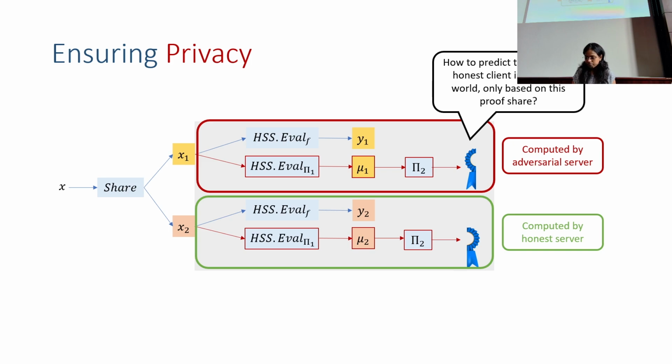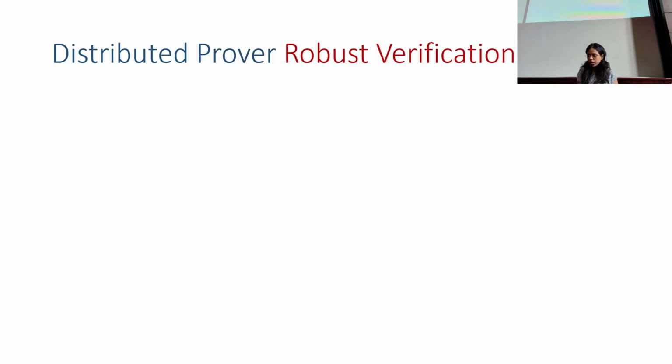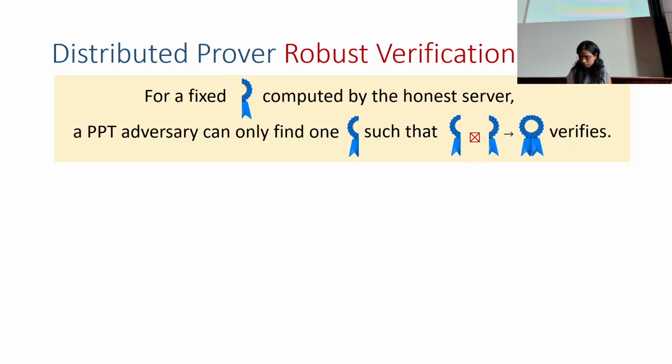And so to resolve that, we introduce this new notion that we call distributed prover robust verification. And we require these splittable SNARGs that we use in our construction to also additionally satisfy this particular property. And what this property states is the following.